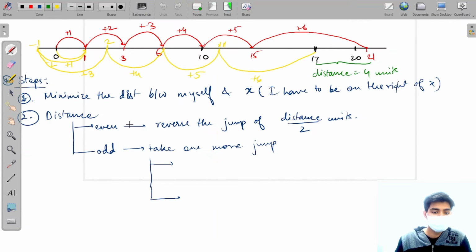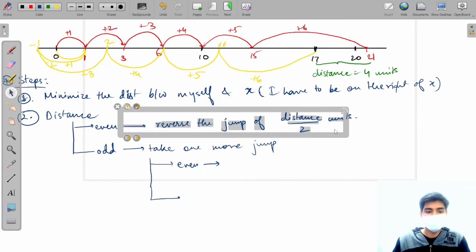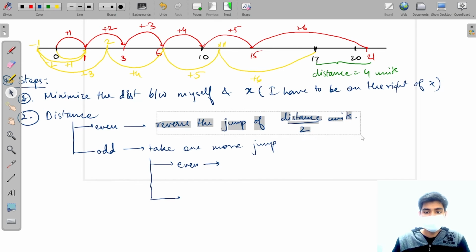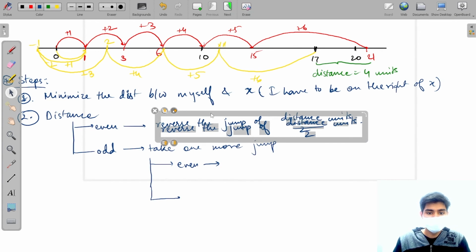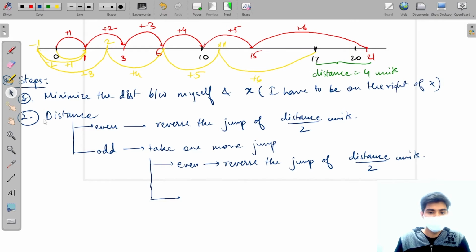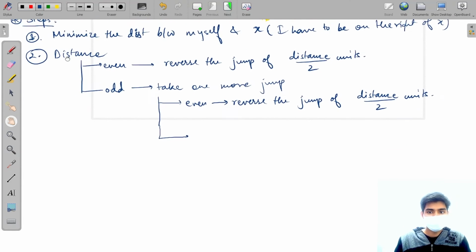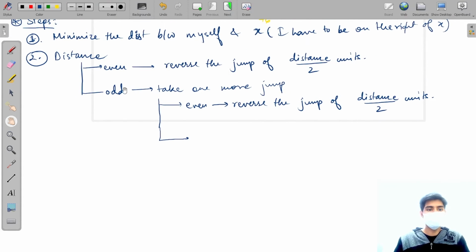If my old distance came out to be odd, and I took one more jump and it comes out to be even, then I'll do the same thing: reverse the jump of distance by 2 units.